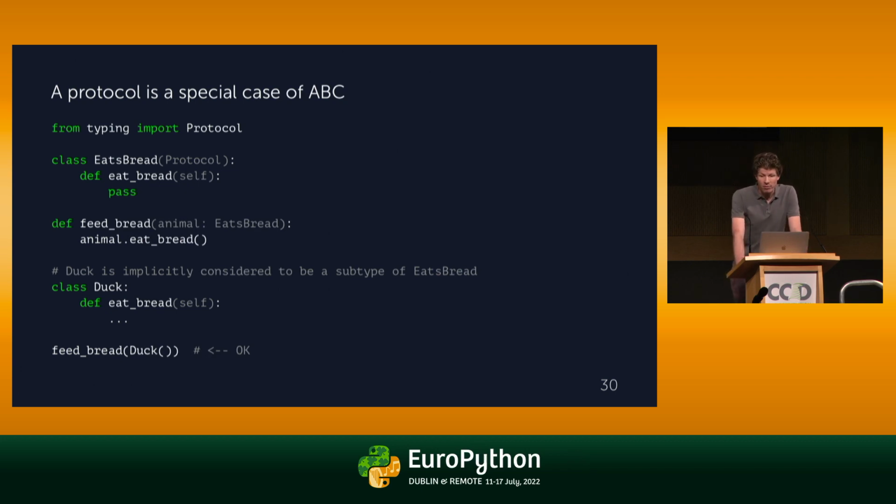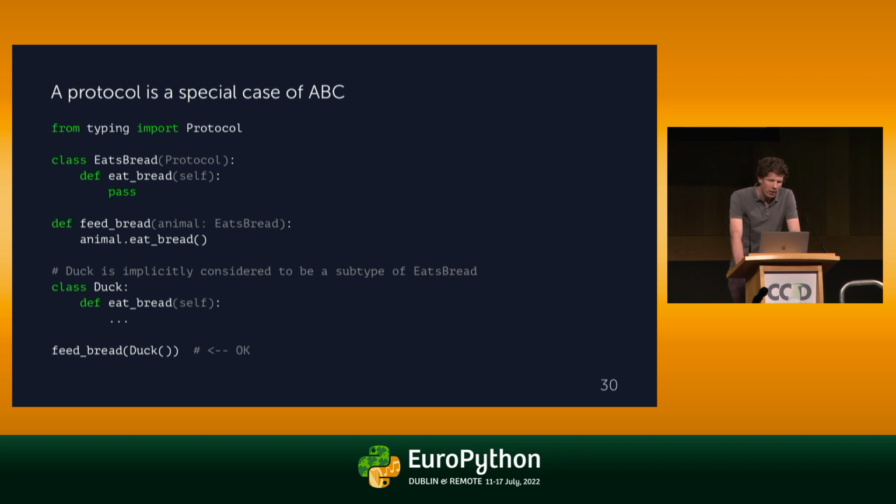Here I define a class EatBread that is a protocol that defines this method, eat_bread, without any implementation. And then I define a function, feed_bread, that takes an animal as argument, and the animal should be of type EatBread, so that the function can make the animal eat bread.